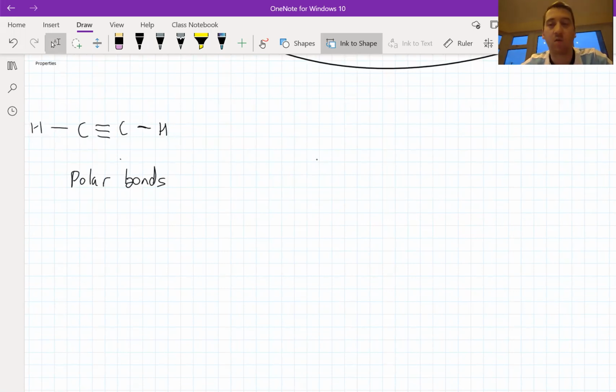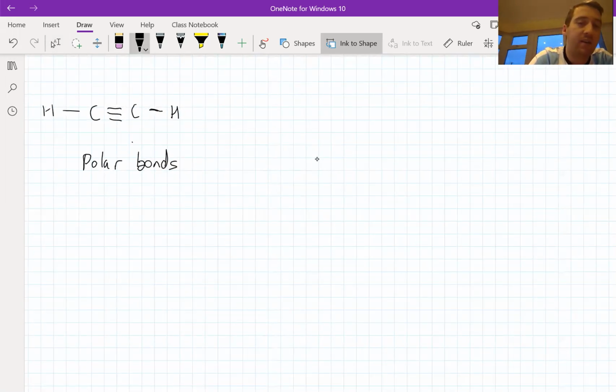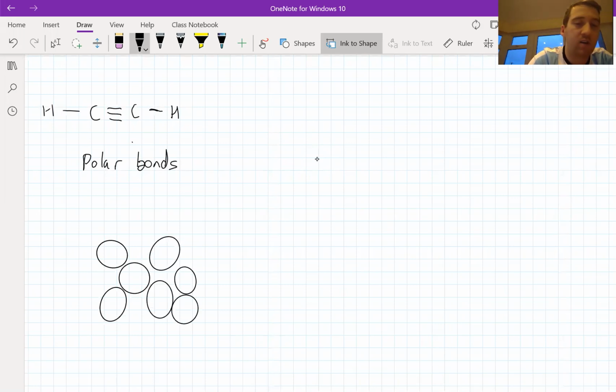When we learned about bonding before, we would have learned that if we have a substance that's, say, a liquid, that means we have particles close together like this. These circles represent the molecules, and they are close together.